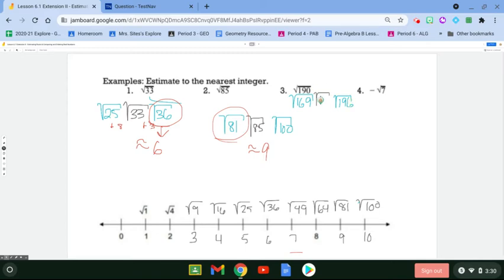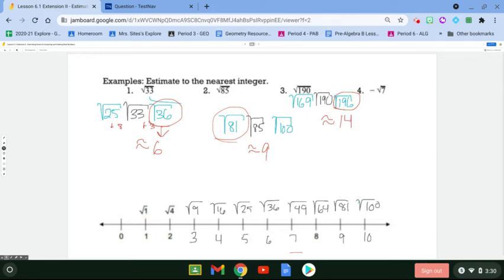So when I'm taking a look at my perfect roots, 190 would be much closer to the square root of 196 than it would be the square root of 169. So that would mean that my answer would be approximately equal to 14.